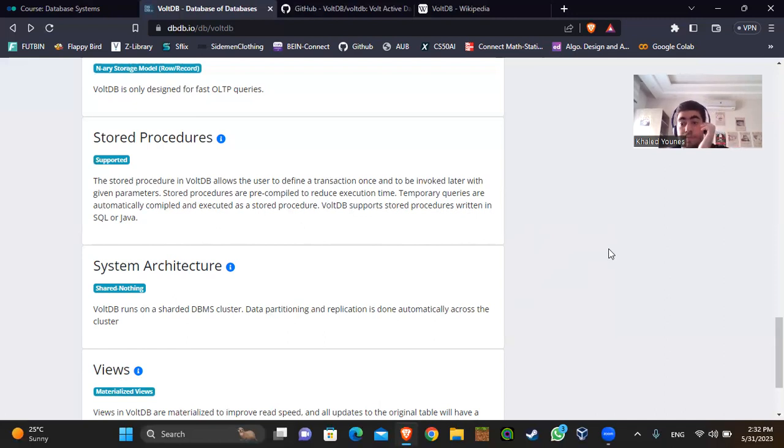Sometimes we have not very important, only temporary queries that are to be done. These will be compiled and executed as a stored procedure, so they are pre-compiled and defined as a stored procedure. VoltDB supports stored procedures written in SQL or Java. When you want to pre-compile or insert a stored procedure, it only supports two types of coding, which are SQL and Java.